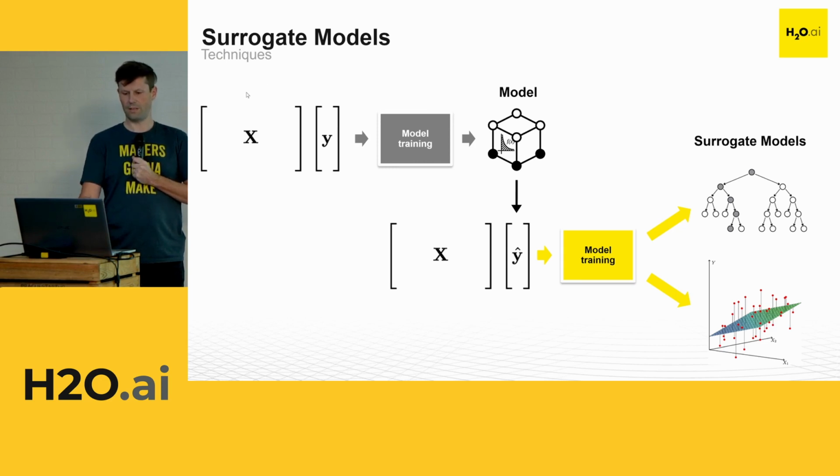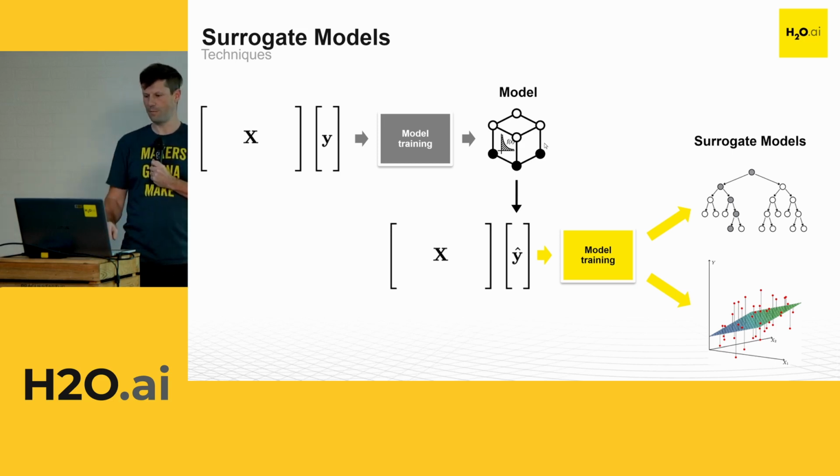What I have here is an original data set and labels, and you create a model using AutoML, or you create it yourself. What you can do then is score that data set with your model, and you get the predictions. Then you train that interpretable model. It could be a linear one or a decision tree or whatever, and you train it here, and you basically get a model which predicts the predictions of the original model, along with all the bias and all the problems which were there.